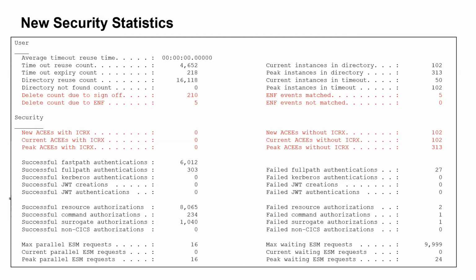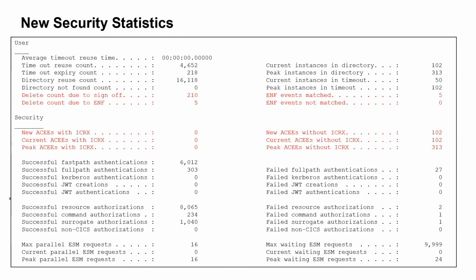We'll listen out for changes to the security, and rather than, as in releases previous to 4.2, you having to wait for the user delay timeout to expire before a security ACE was deleted, we would make it stale immediately. And so you've got information there on the number of ENF events that are received.